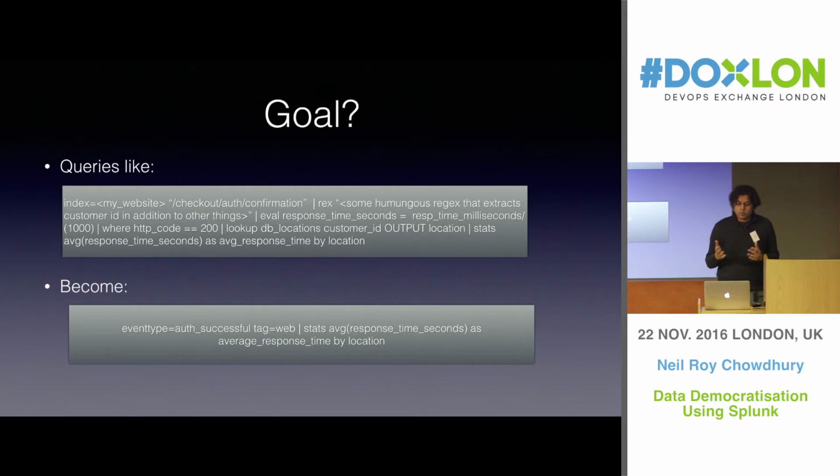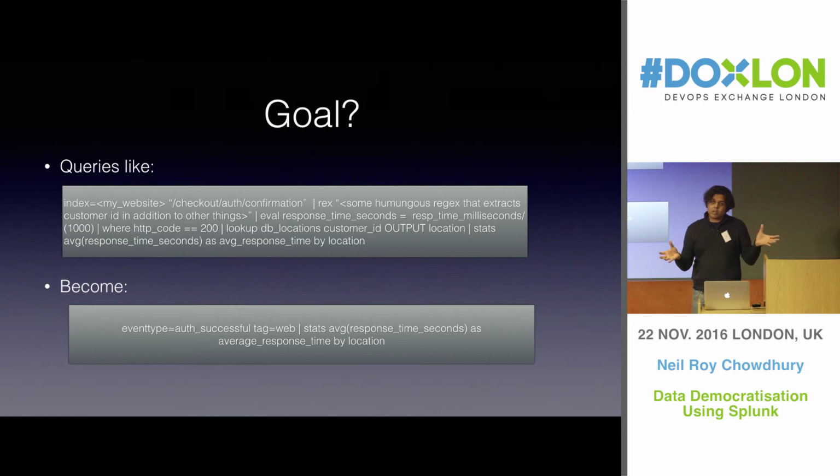So, a typical Splunk user, when they start off, ends up running a search that's this long, right? Your typical website, you're searching for confirmations, and then you're doing multiple transformations on it.